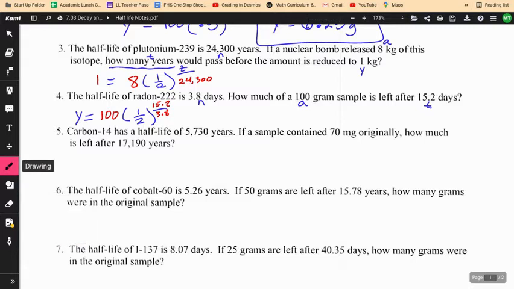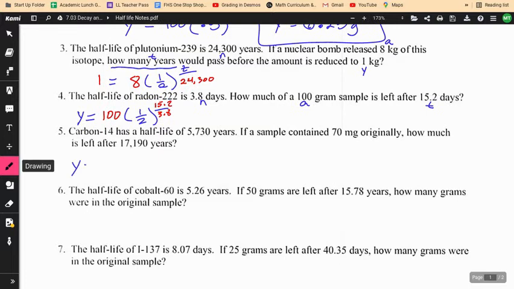Okay, number 5, again, Y equals the initial value times 1/2 raised to the power of T over N. Okay, so carbon-14 has a half-life, so that's N, 5,730 years. If a sample contained 70 milligrams originally, how much is left after that many years?